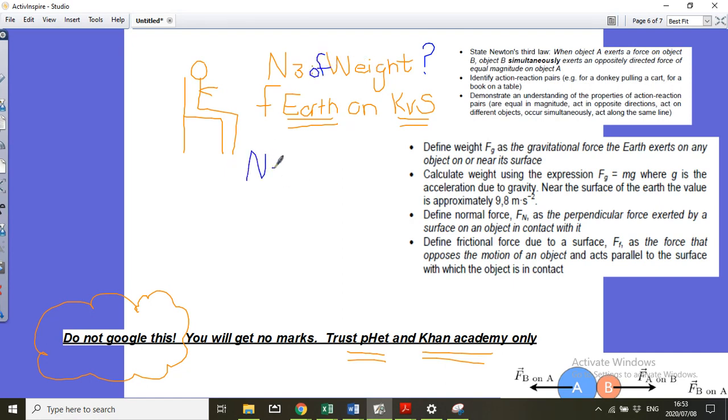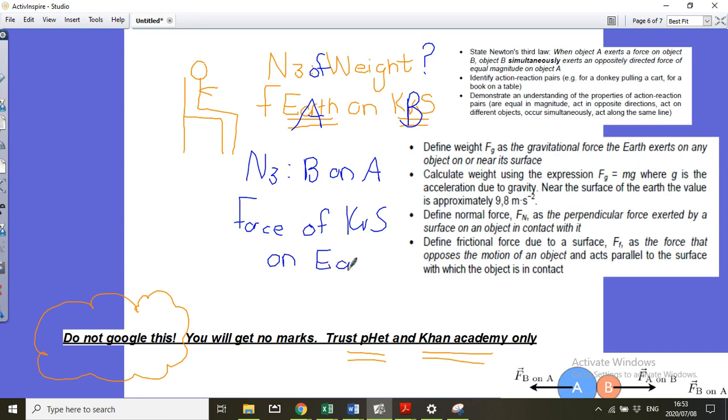Now, to get the Newton 3 pair, remember this was object A, Earth on me. So the Newton 3 reaction pair would be B on A. So it's the force of, please remember it's still a force, of kVs on the Earth. Please do not throw in a third object.